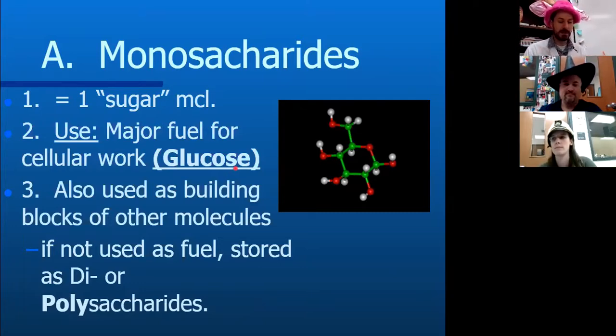So we've got, again, that polymer-monomer relationship. But yeah, glucose, you're going to need to know its chemical formula, its structure. In fact, I think I should note why it's so important. It's the basic fuel, the raw energy source for your cells, my cells, plant cells, bacteria cells.